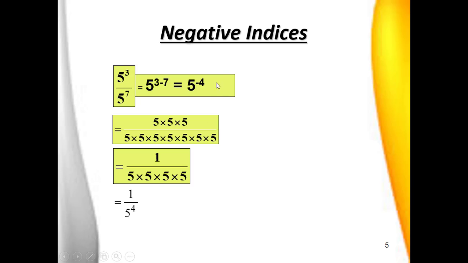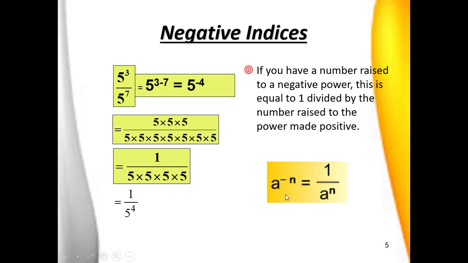So if they are the same answer, can you see that 5 raised to the power of negative 4 actually just means the number 5 and the 4, you take away the negative but put it into the reciprocal. So when a is raised to the power of negative n, it is just 1 over a to the power n.